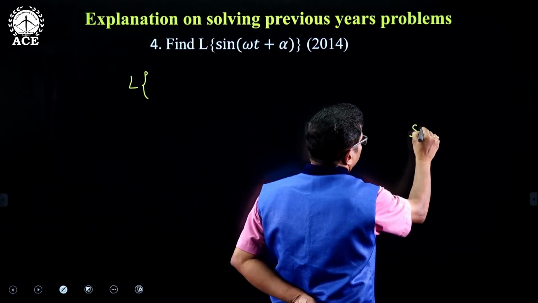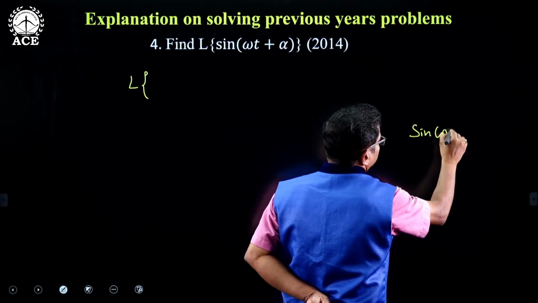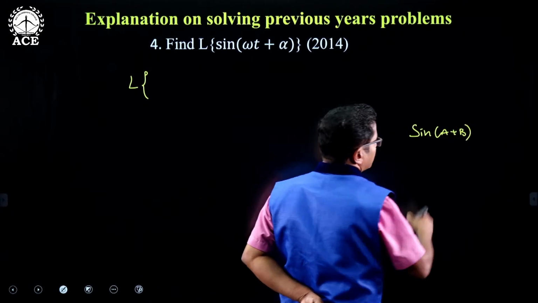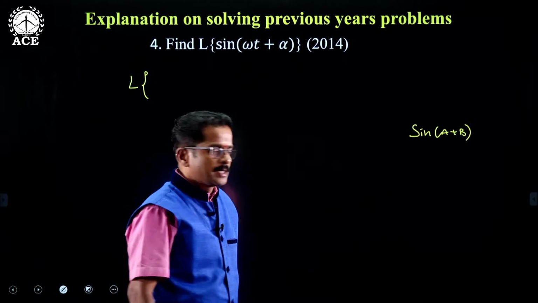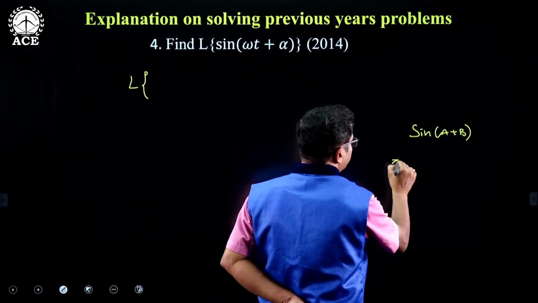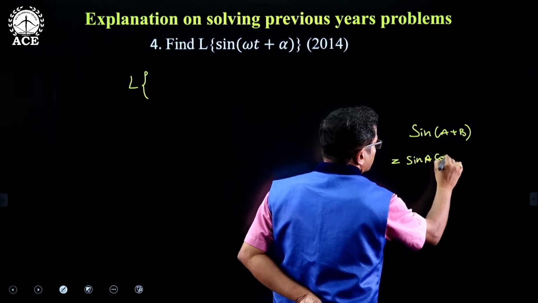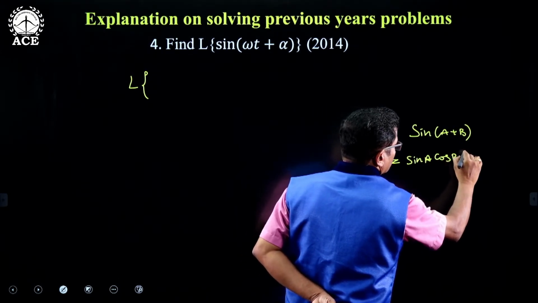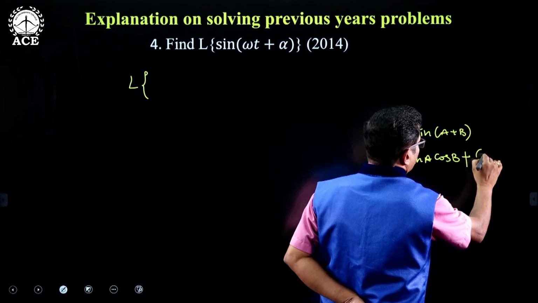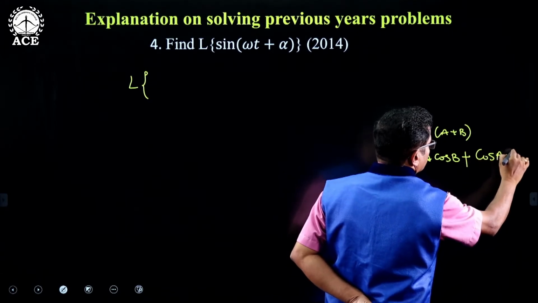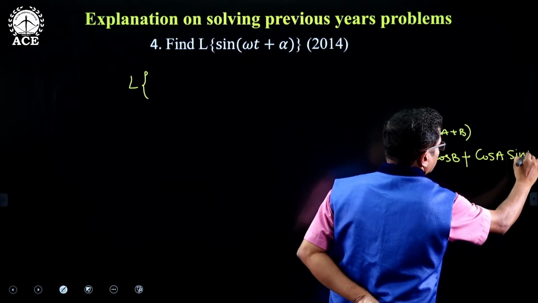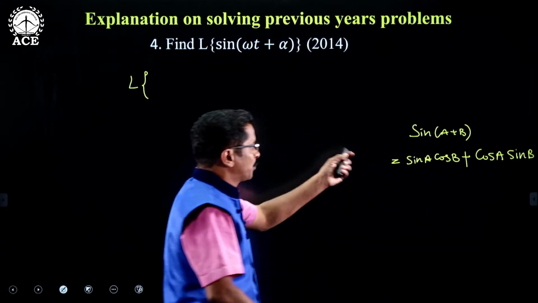Sine of a plus b formula is sin a cos b plus cos a sin b. Okay, that formula I am going to apply.